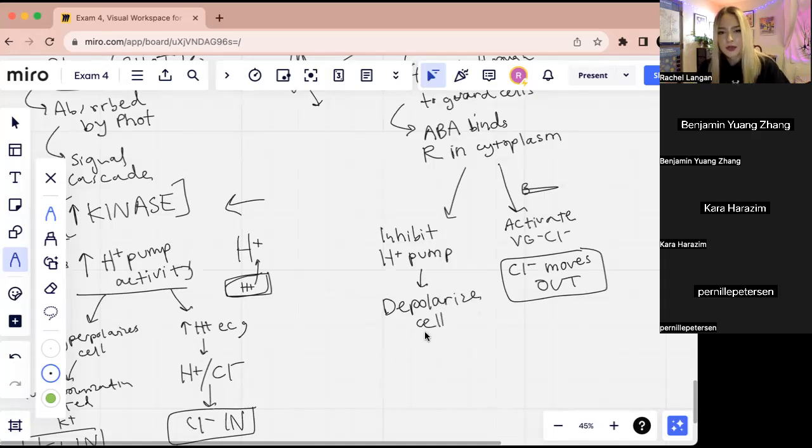And if we depolarize the cell, we're going to activate voltage gated potassium channels. And it just so happens that at that membrane potential, the electrochemical gradient is for potassium to move out.